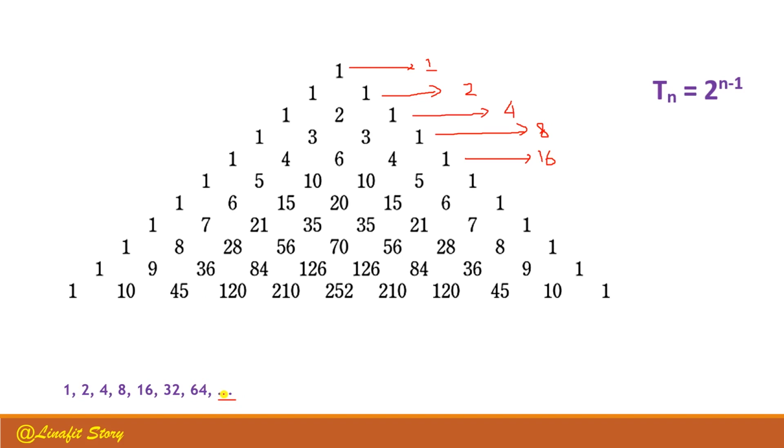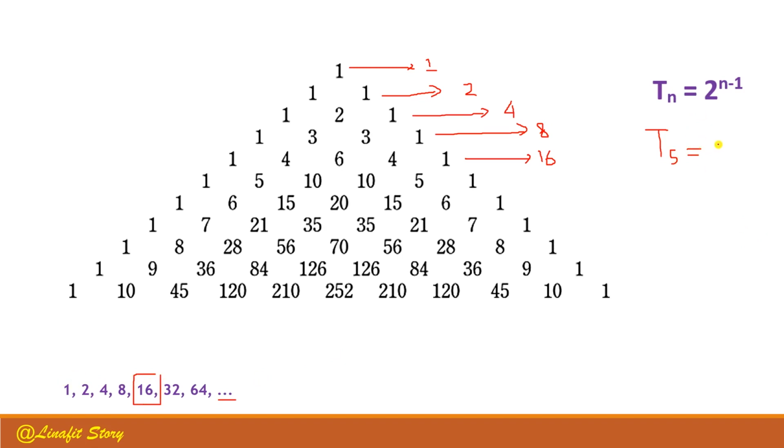So, the general term of this sequence is Tn is equal to 2 to the power of n minus 1. So, for example, we will find T5. The fifth term is 1, 2, 3, 4, 5.